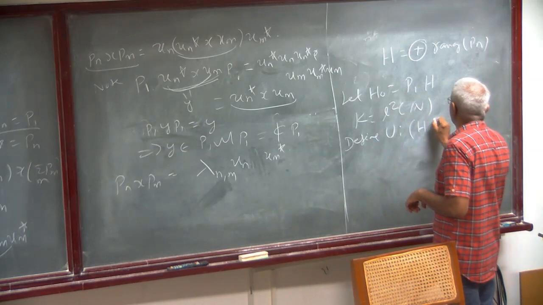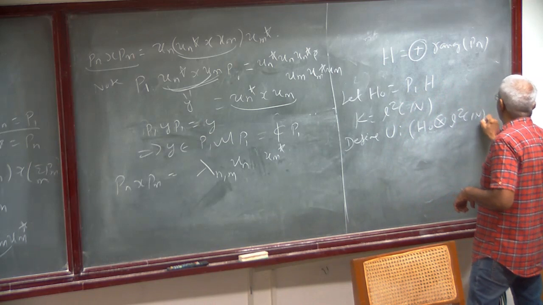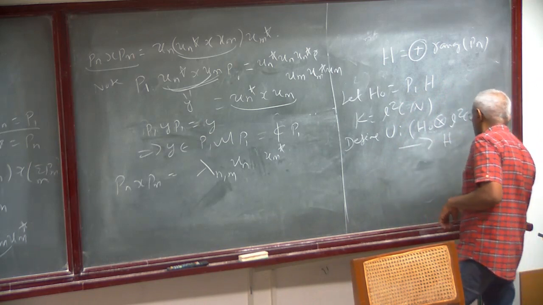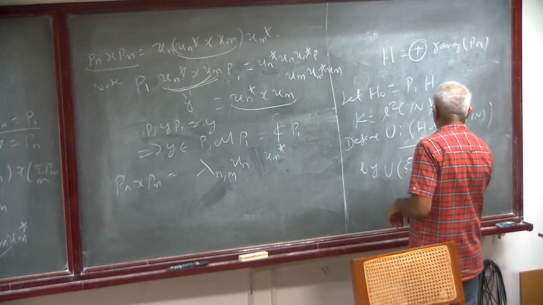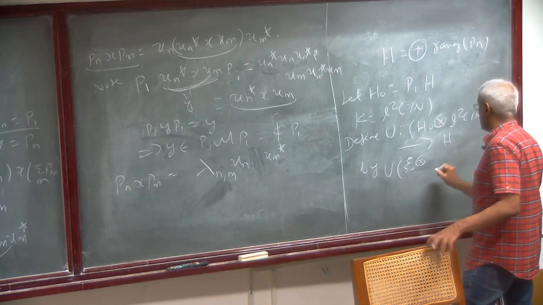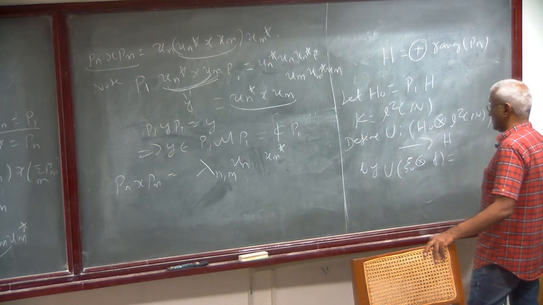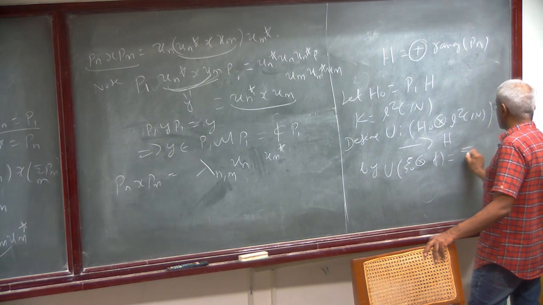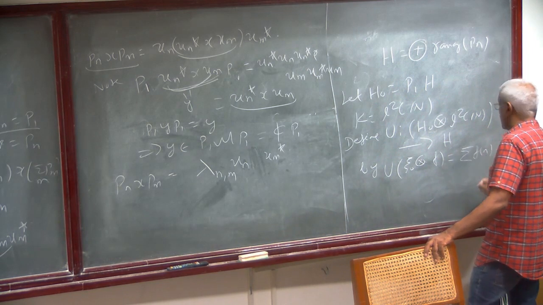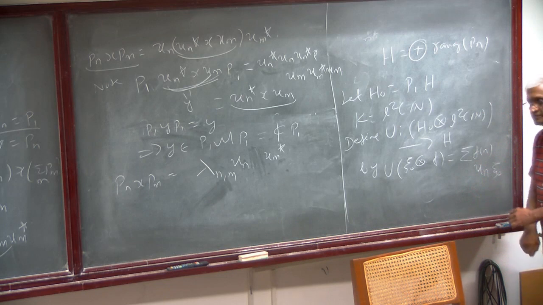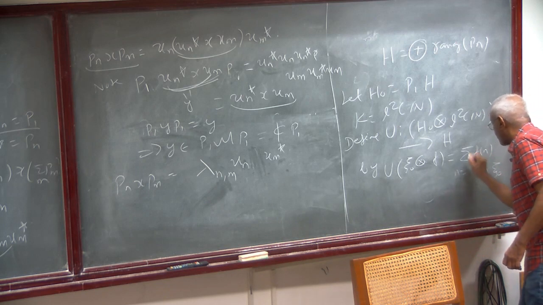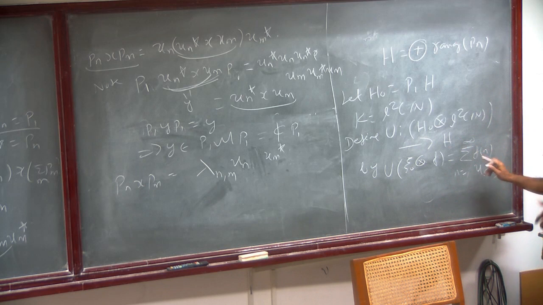So U goes from H0 tensor L2N to H by U acting on any xi naught tensor f equals summation f of n Un xi naught. Because this is an orthogonal sum and f is in L2, this makes sense. And this is a vector in the range of Pn.